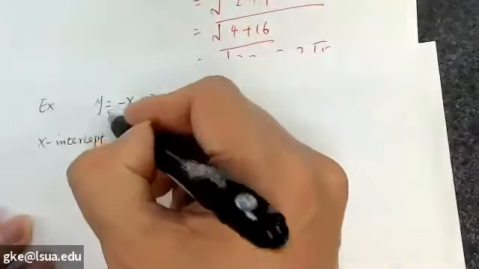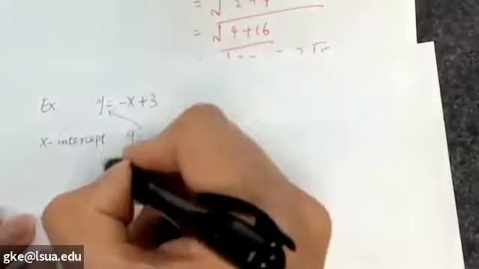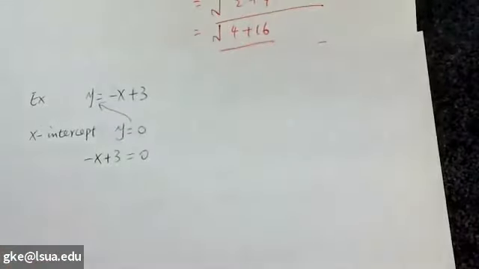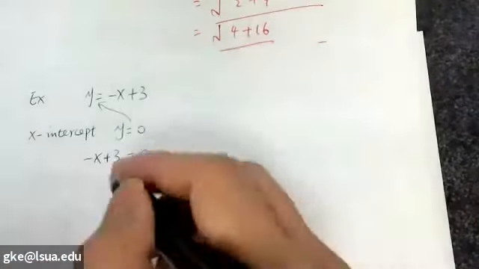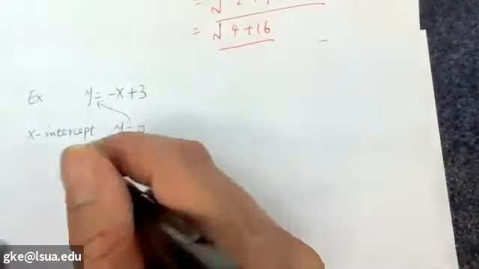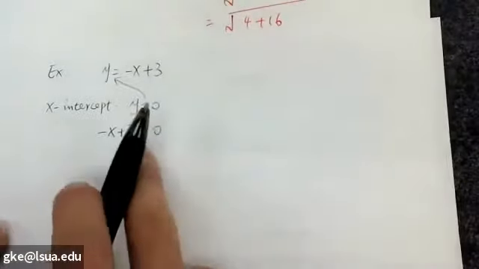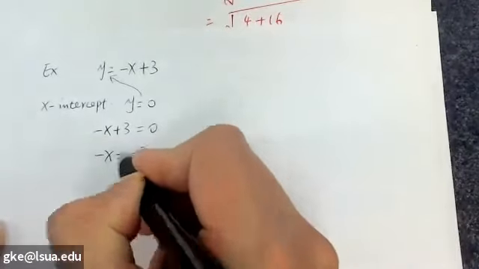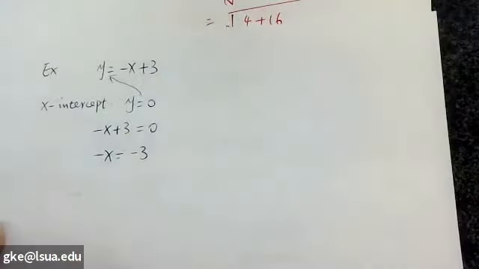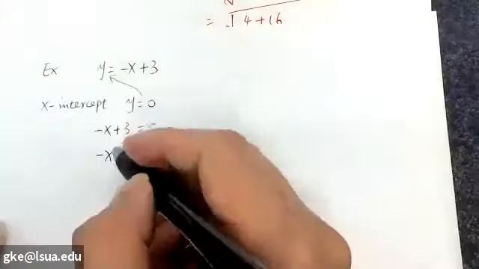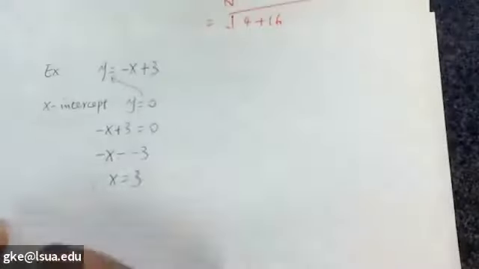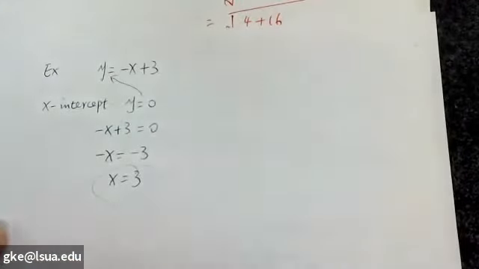Plug in here, and we get negative x plus 3 equals 0. Then we solve this equation: subtract 3 from both sides. We get negative x equals negative 3, divided by negative 1 equals 3. That is the x-intercept.